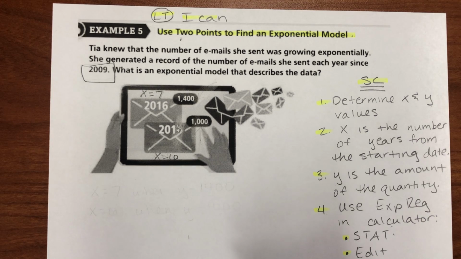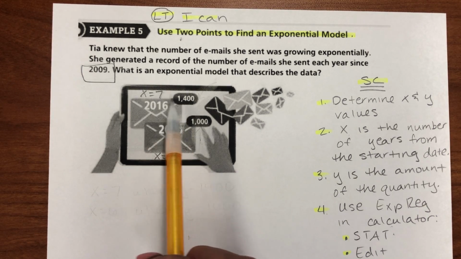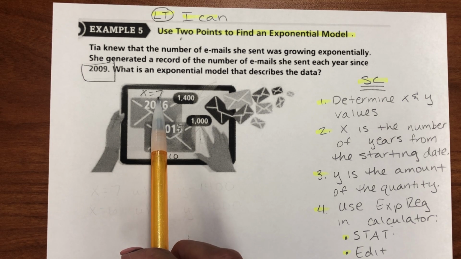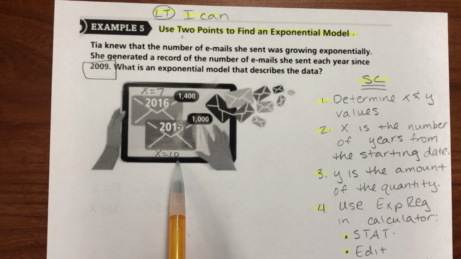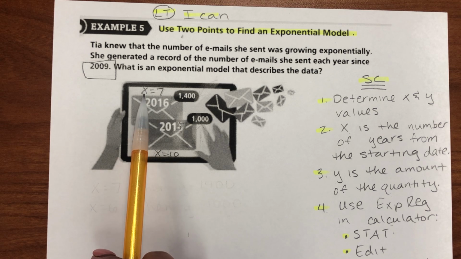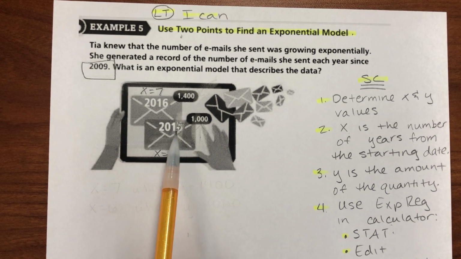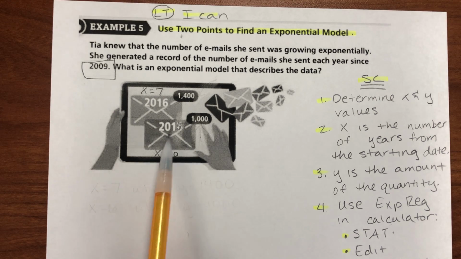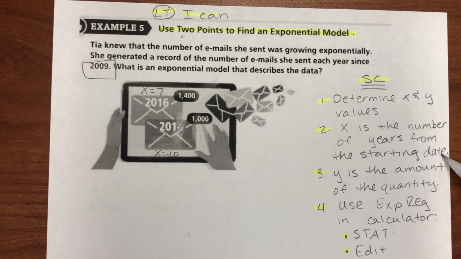So I could say that for my first coordinate, x is 7 at 1,400 emails, and x is 6 at 1,000 emails. Now be careful, don't use these dates. Don't say x is 2016 and x is 2015. You will get the wrong answer. It's not the year, but the amount of time for x.